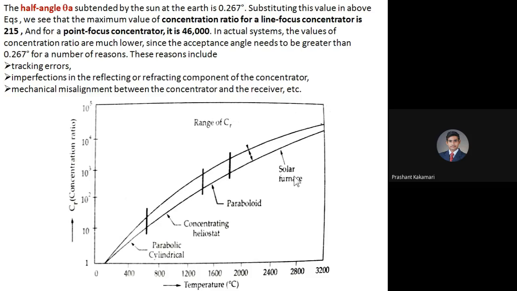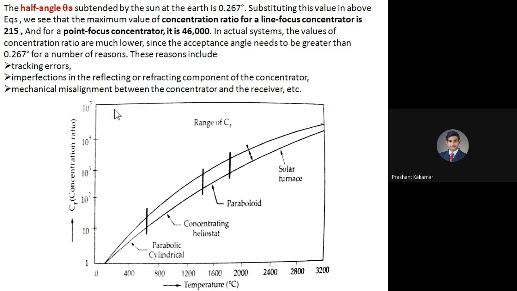So to increase the concentration ratio, what all needs to be done is given here. First thing is increasing the aperture area, decreasing the receiver area, and increasing the subtended angle, or aligning the solar radiations on the collector by overcoming the tracking errors or the misalignment of the solar radiations on the collector as well as absorber.